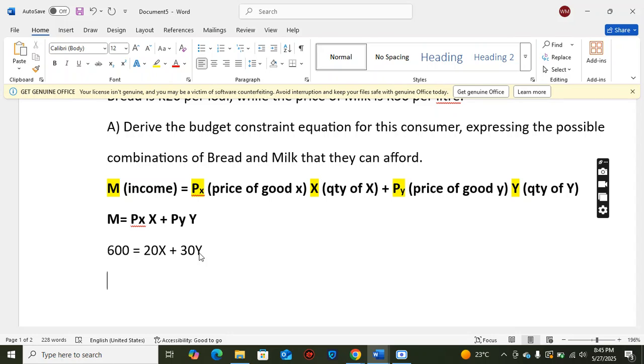There are two ways you can find that. The first way, you can just say M over PX, your income over the price of good X. If you have a 600 kwacha income, and the bread costs 20 kwacha each, how many loaves of bread can you buy? What's 600 divided by 20?